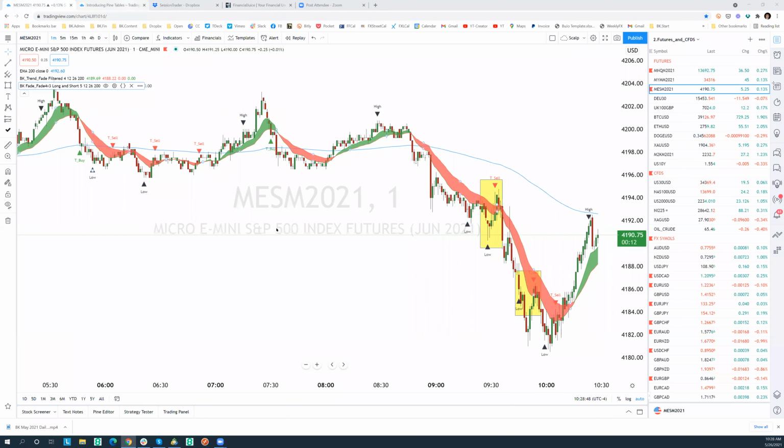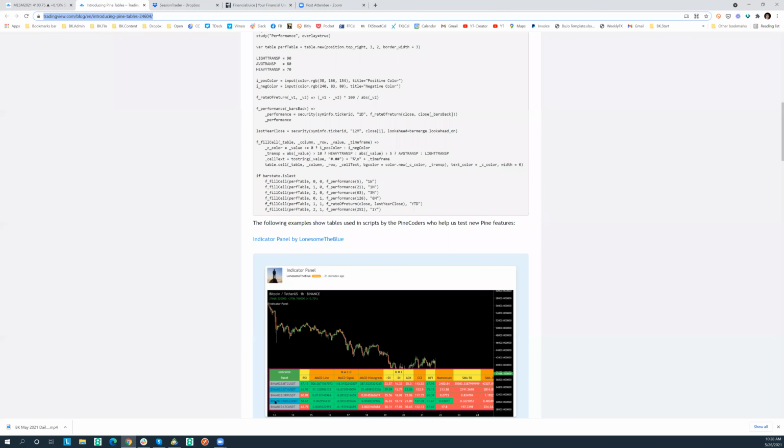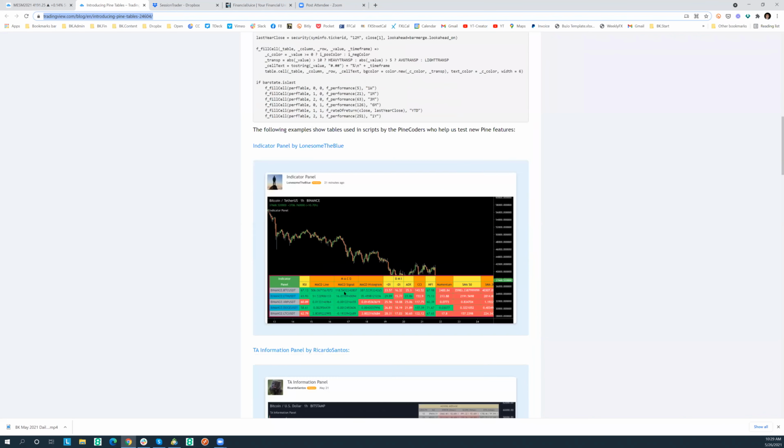So remember how we were talking about doing a scanner in MT4, MT5, and so forth? We could never do a scanner in TradingView because TradingView didn't have this capability. Well, guess what? TradingView just announced a new thing called Pine Tables, which is essentially going to give us the scanner capability.